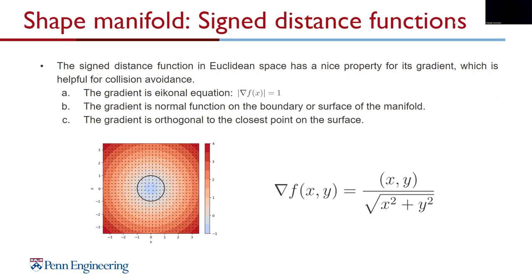If you look at this visualization of the sphere, you can see the arrows spreading out from the sphere, and the size of those is always 1. The second good property is that the gradient is the normal on the boundary or the surface of the manifold, which means that if your x lies on the surface of the manifold, the gradient is the surface normal of that manifold.